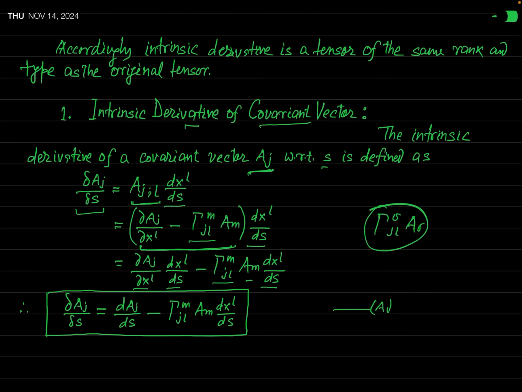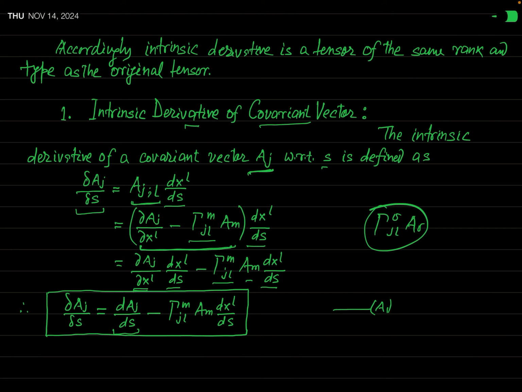But you definitely have an idea of partial differentiation. So from the idea of partial differentiation, can you say that this product del aj by del xl times dxl by ds can be written as what? This can be written as daj by ds.